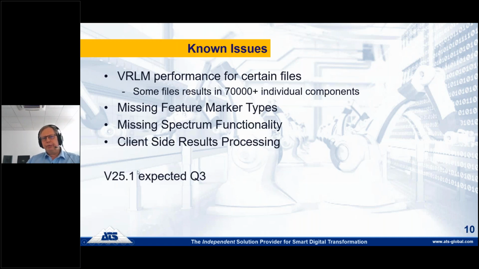What issues do we know? We know that a couple of VRML files have performance issues. Some of these files result in a conversion into scenes with more than 70, 80, 90,000 individual components, even though you would expect 3 or 4.